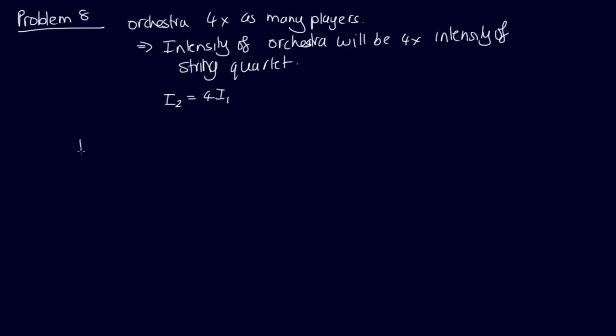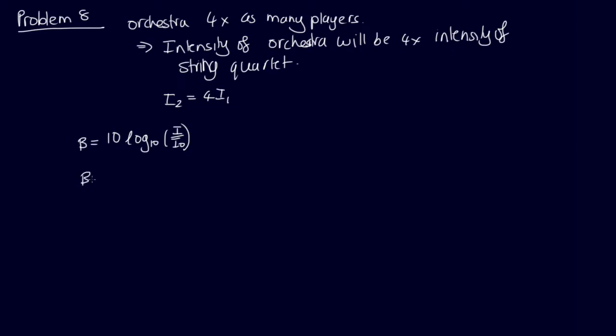Okay, so the sound level, beta, is given by 10 log to the base 10 of I over I0. Now, this question is going to be a bit tricky if you're not good at log rules, but this is how you do it.